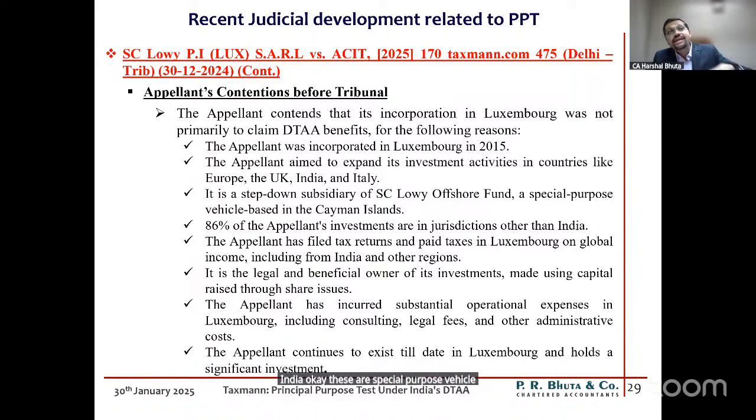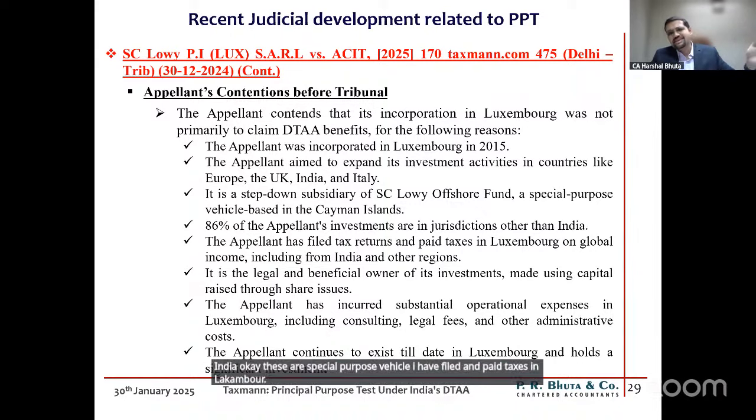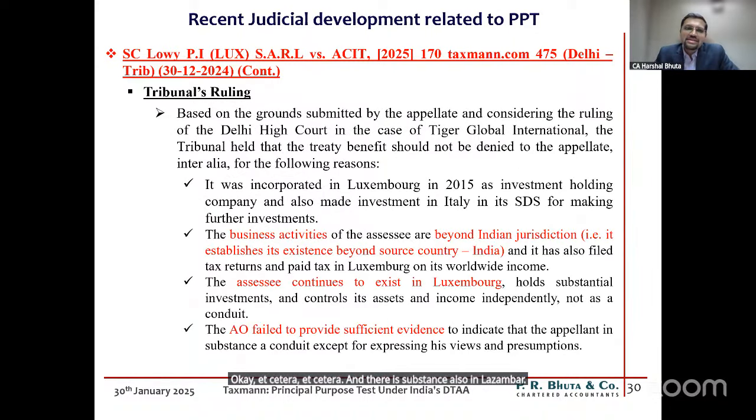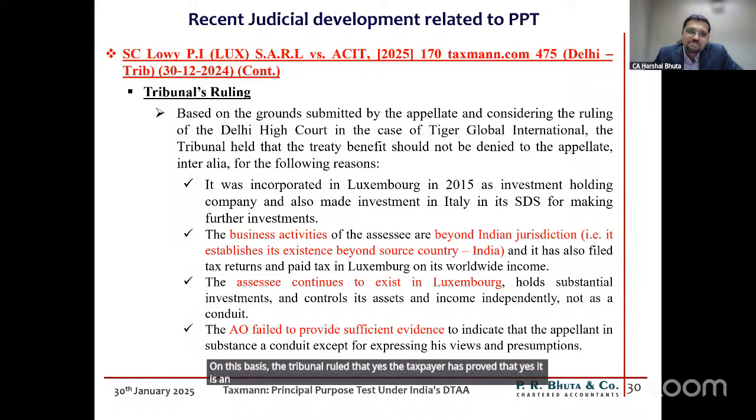I have filed and paid taxes in Luxembourg, etc., and there is substance also in Luxembourg. On this basis, the tribunal ruled that yes, the taxpayer has proved that it is an entity which has paid taxes in Luxembourg, which is a pooling vehicle. It is an SPV for making further investments.